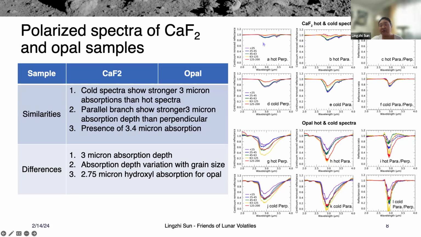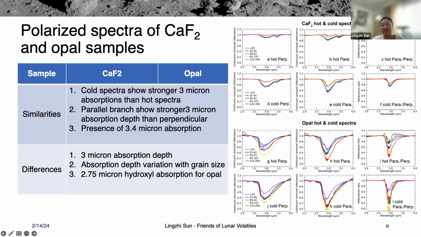I use the same color scale for both samples. Purple, blue, and greenish are the smaller grain sizes, and red and orange are the larger grain sizes. You can see that for calcium fluoride, in all of these spectra, the orange and red samples, the larger grain sizes, have smaller 3-micron absorption, but the smaller grain sizes have stronger 3-micron absorption.